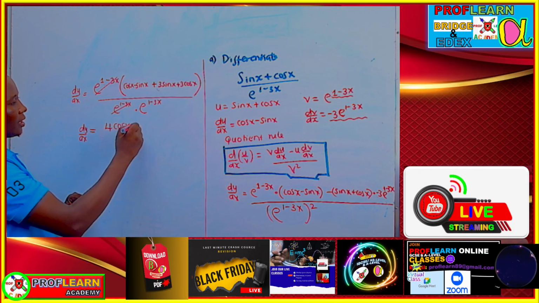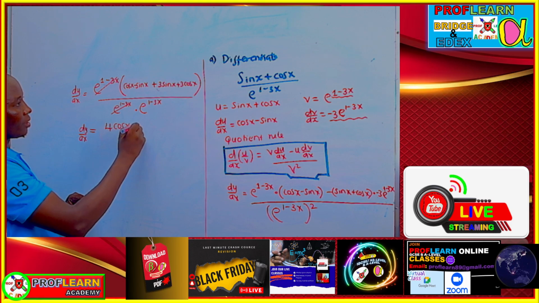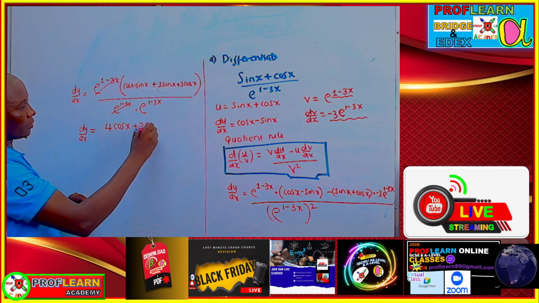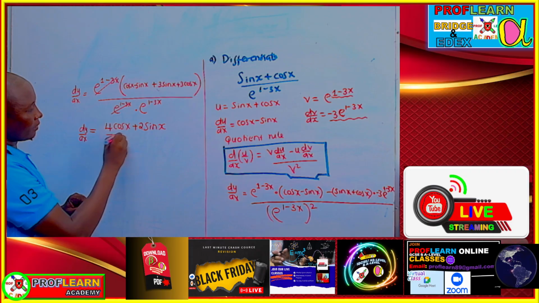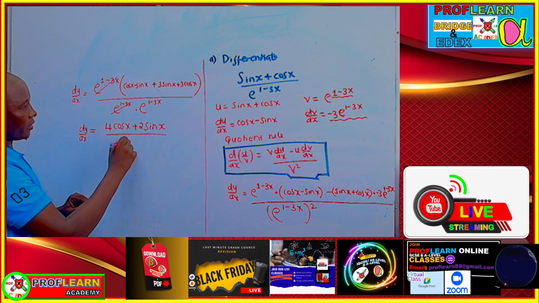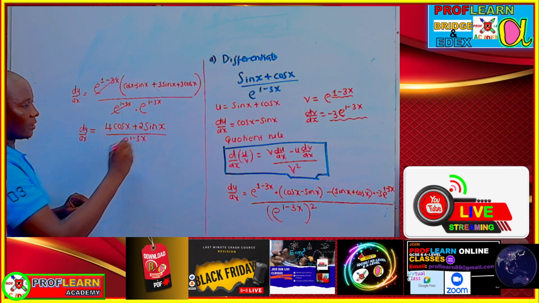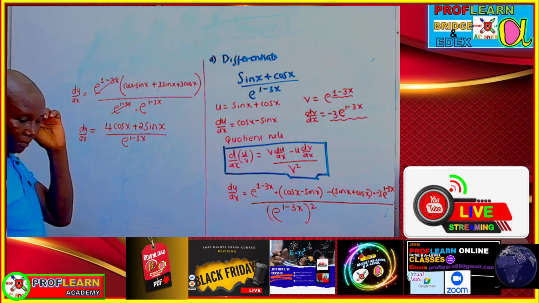That's going to translate to plus 2 sin x, divided by e^(1 − 3x). So that's what we have here.